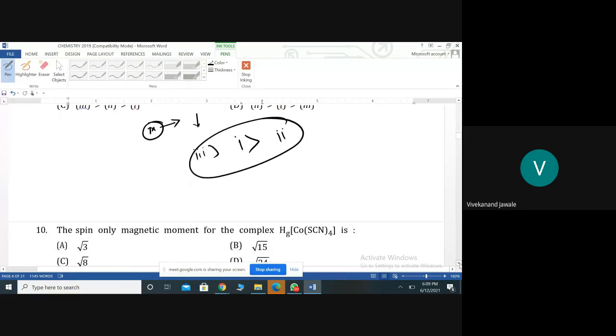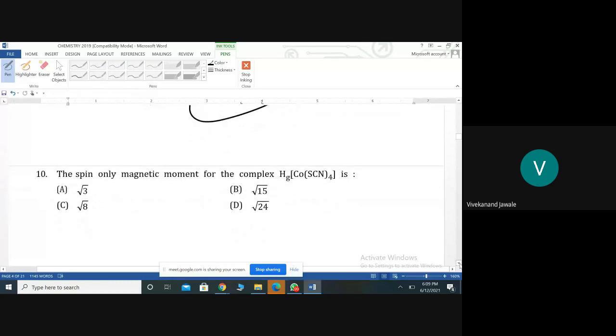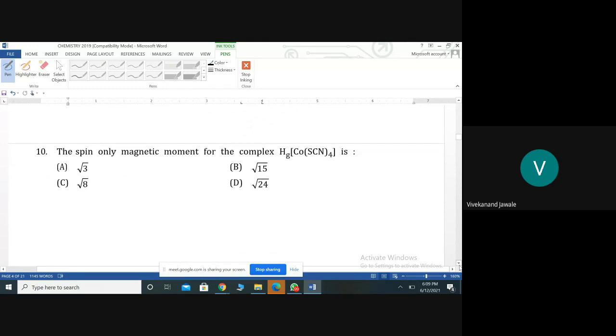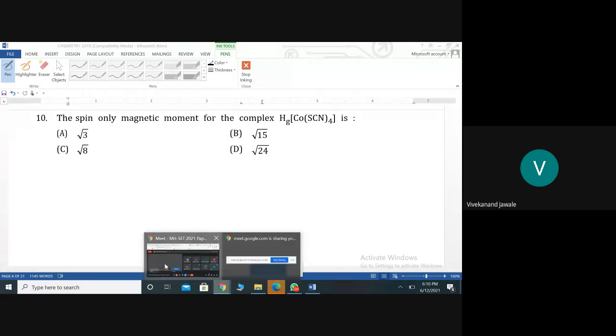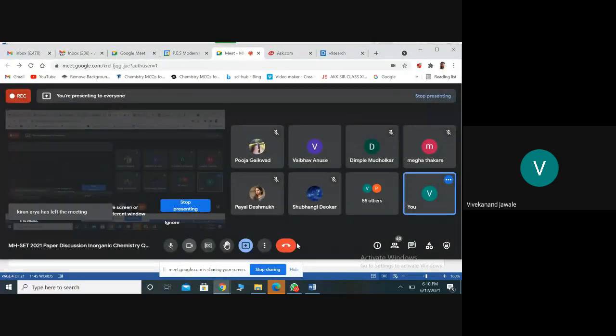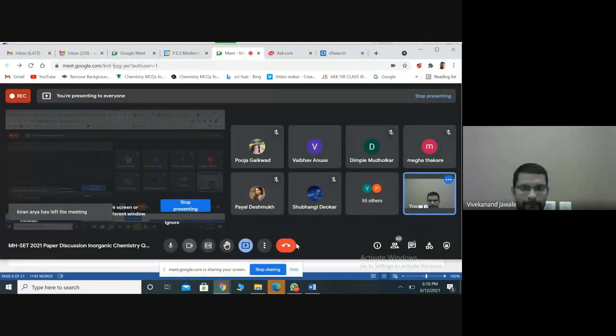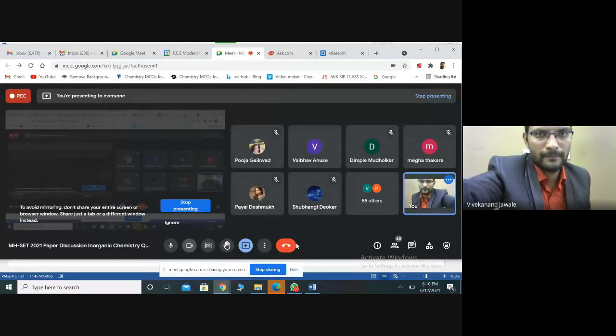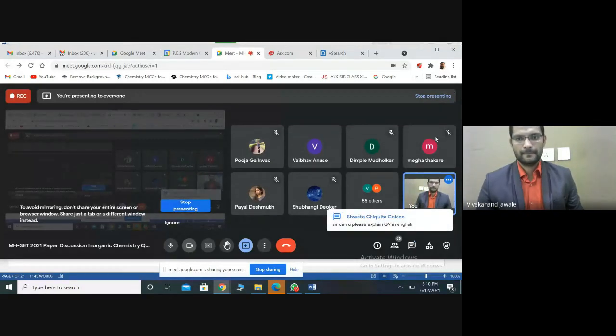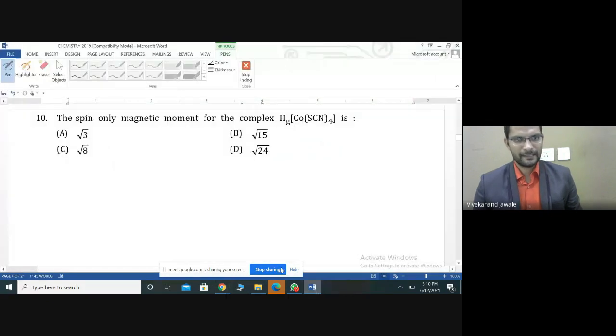Magnetic moment for the complex Hg[Co(SCN)4].